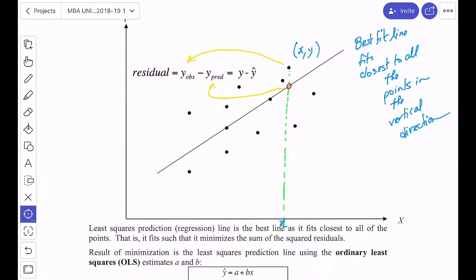And I subtract y observed by y predicted, and I get this difference. This difference here is called the residual. I can also write that as y, because that's the value that was observed, and differentiating with the hat symbol, sombrero symbol, this will be the value of y predicted.